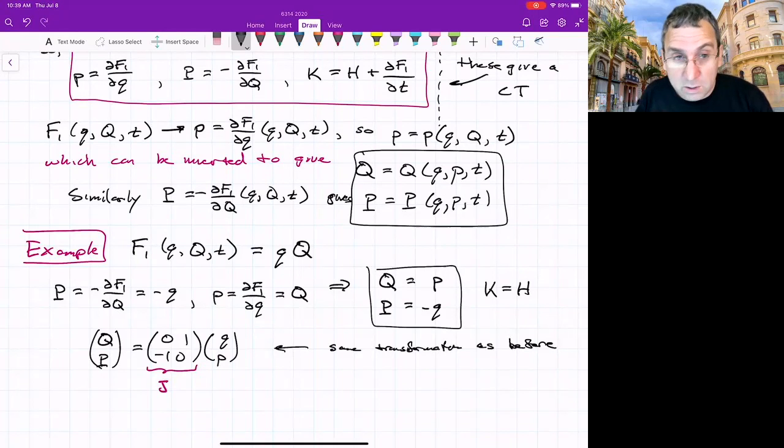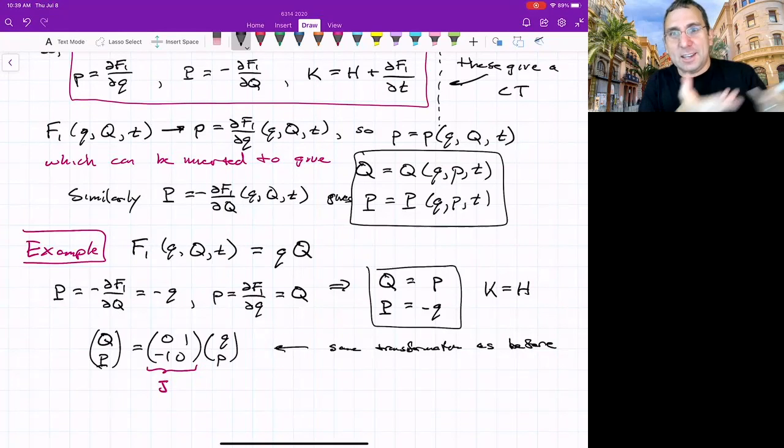We could do another one. Remember the idea that canonical transformations are independent of the particular Hamiltonian. So this might be useful for some Hamiltonian. It's more useful as just illustrating that the Q's and P's lose their identity. It's not like things are truly a momentum, like there's no mass times velocity going on.